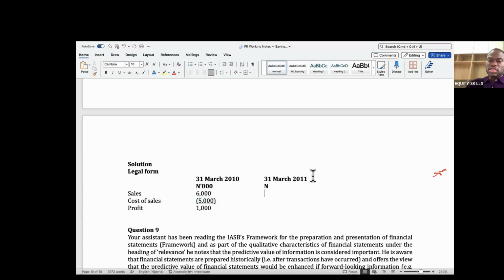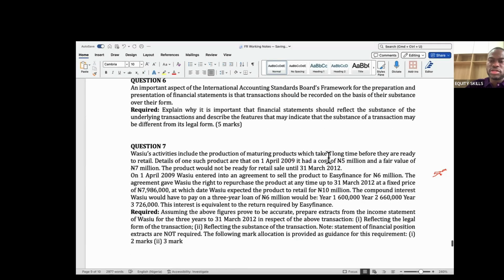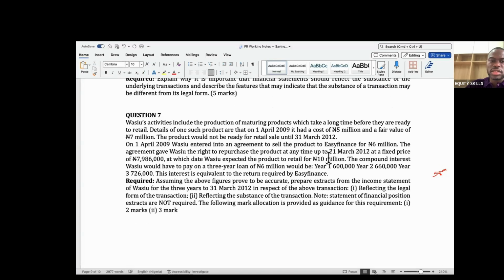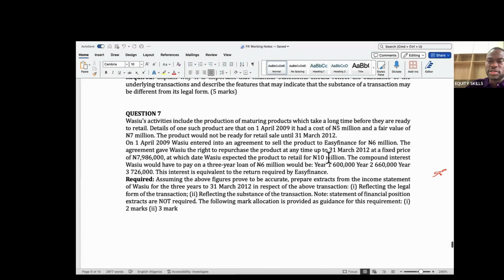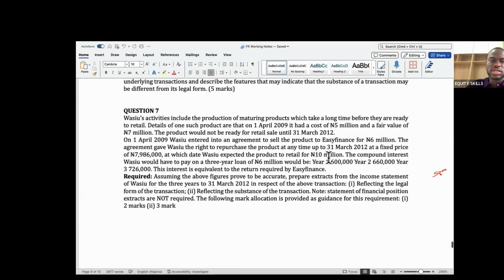In the next year, nothing really happened. In the third year, what happened? What did they say? In the third year, the agreement gave him the right to repurchase the product for 7 million, at which time he can sell it for 10 million.